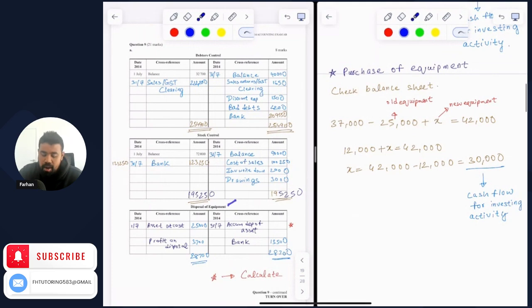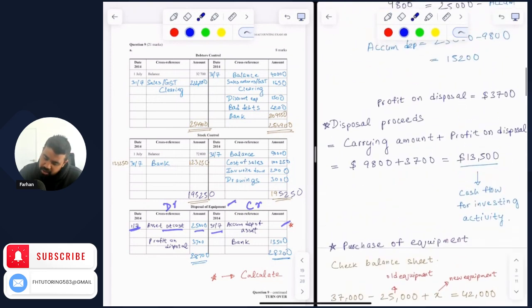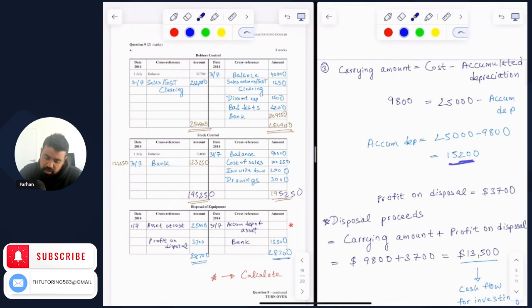Now, this is a format that you may memorize, but let's see what's going on here. On the debit side, on the 1st of July, we must show the asset at cost, and that is $25,000. On the credit side, you show the total depreciation of the asset we have disposed, which we calculated at the very beginning, $15,200.